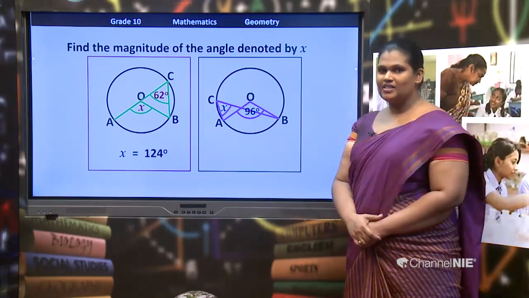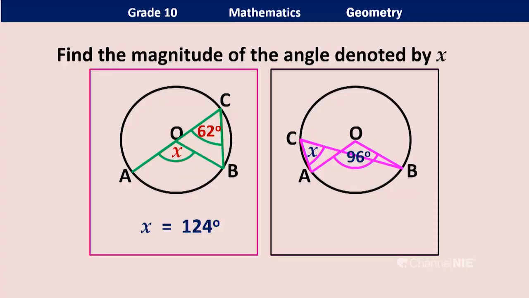Right. Here what can you see? Once again there is a circle with center O and once again there are 3 points on the circumference of the circle. Those are A, B and C. Here we can see angle AOB is the angle subtended by the minor arc AB at the center of the circle.